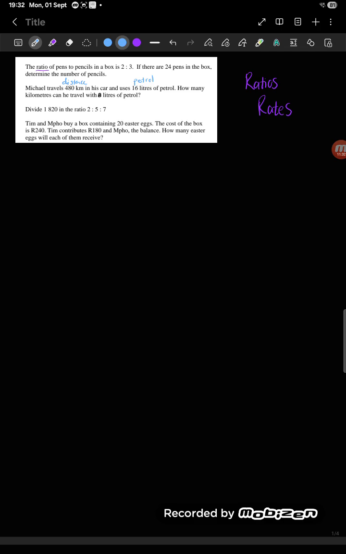Now, in the previous example, we had 2 to 3, and I needed to get 24 to something. So what did I do here? Times by 12. 12 groups of that, which means I needed to times by 12. These were the smaller numbers, and these were the bigger numbers. Now I'm going from the bigger numbers. What if I had 24 to 36, and I need to simplify this ratio to 2 to something?